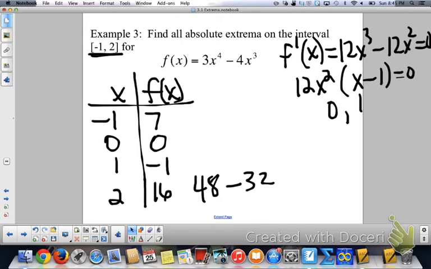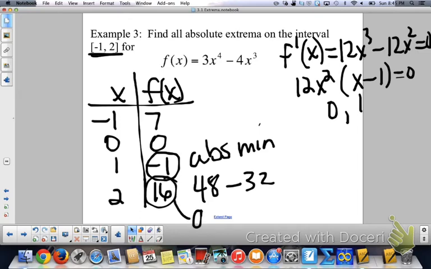So that is 16. So you can see from here, -1 is our absolute min, and 16 is our absolute max. So when you have a closed interval, you need to test the critical values and the endpoints. Always easiest to set up a table there.